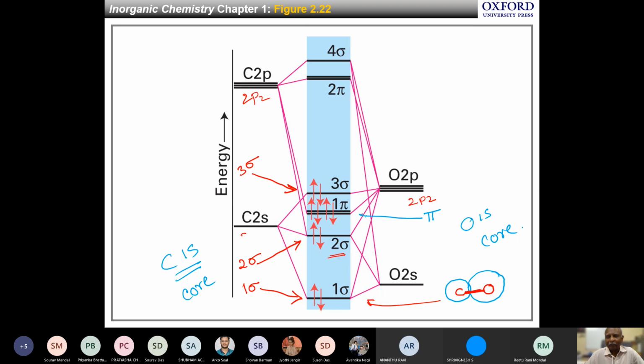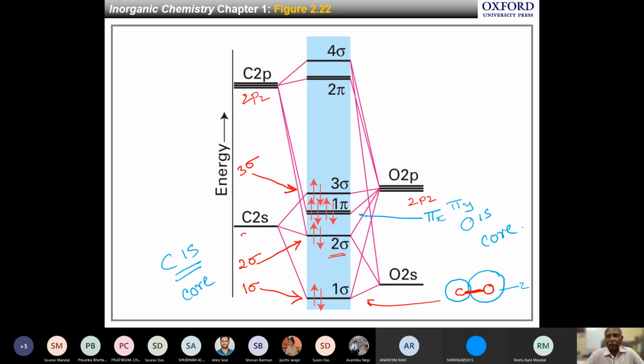In mathematical terms also, the functions are orthogonal. Geometrically they are perpendicular. So the pi doesn't mix at all with the sigma, and there are 2 pi orbitals. And if I consider this as the z-axis by convention, these two will be pi x and pi y. Okay, so the first one is going to be occupied.